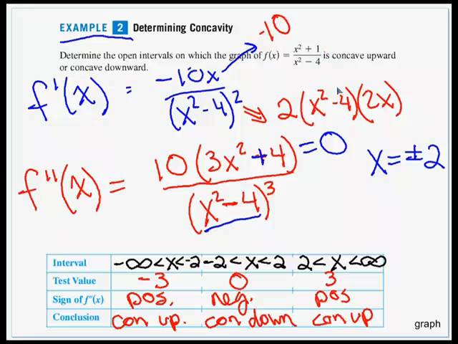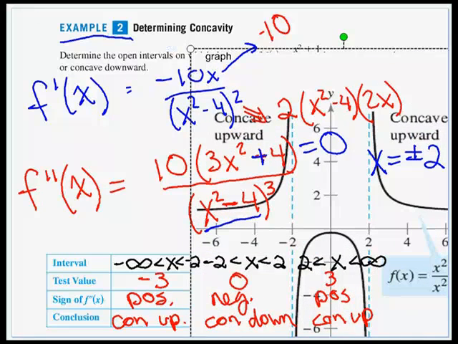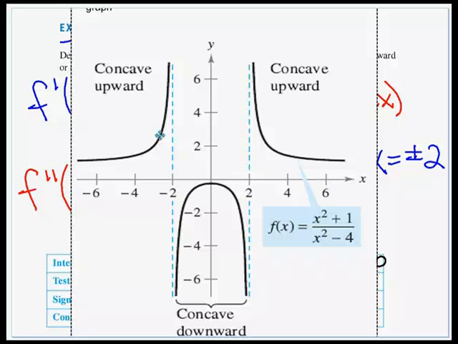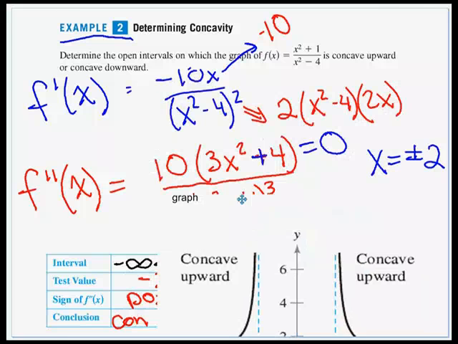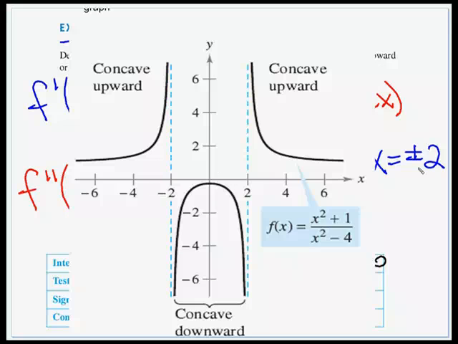And here's our function again. Let's take a look at the graph of that. So here's our graph. Again, we are not defined at 2 and negative 2. So we took our second derivative, we chopped up our interval, and 2 and negative 2 are those numbers that chopped it up. We plugged in negative 3 for our test value.